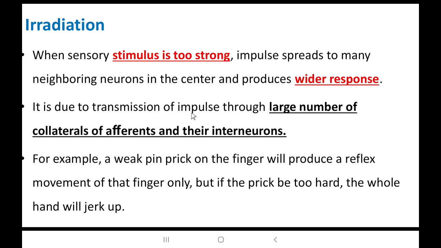It is due to transmission of impulses through a large number of collaterals of afferents and their interneurons. For example, a weak pinprick on a finger will produce a reflex movement of that finger only. But if the prick is too hard, the whole hand will jerk up due to irradiation.